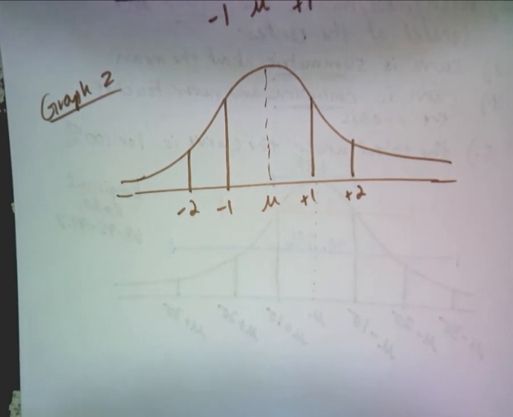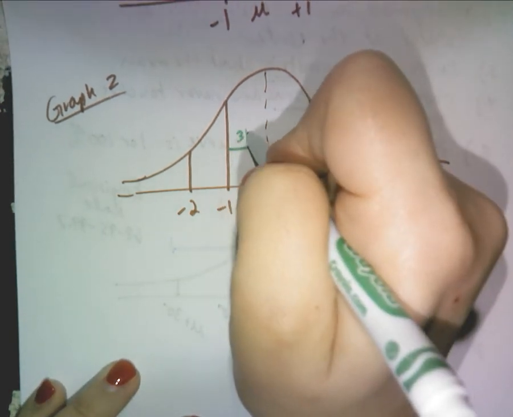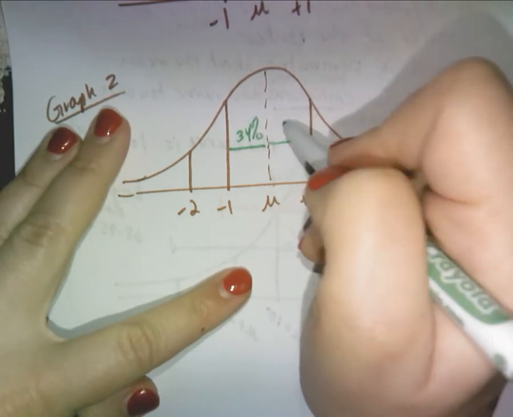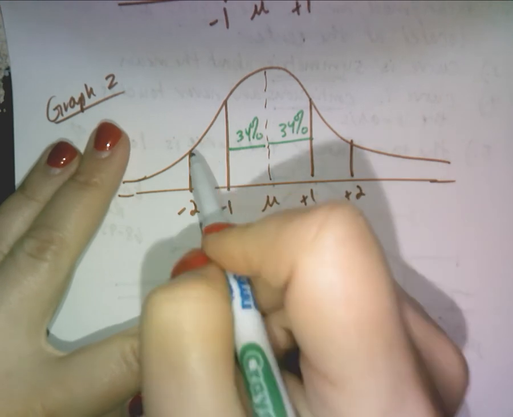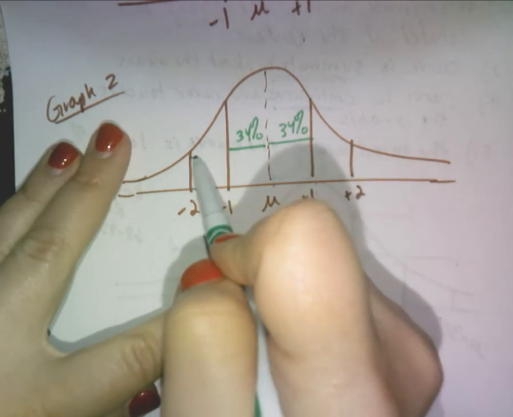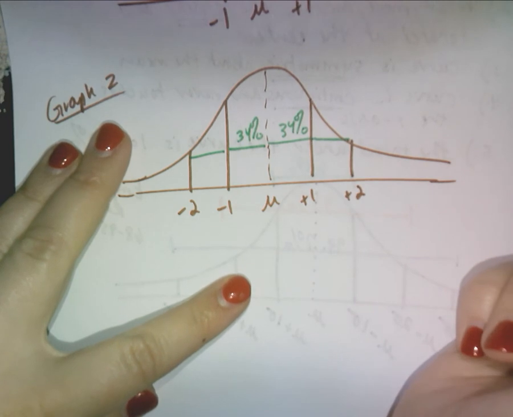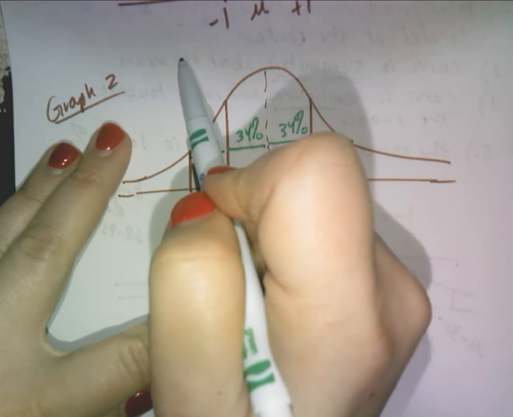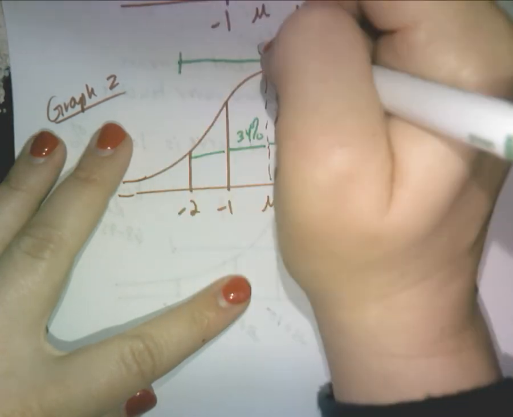We have already established from the above graph that from here to here is 34%, and from here to here is 34%, because that's 68% of your graph. What would then this piece and this piece be, and how would I figure it out? Well, 2 standard deviations away from the mean was how much on your other graph? 95.